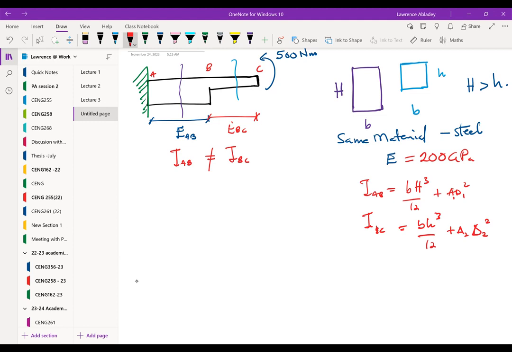Sometimes you come across situations like that where the cross sections vary. So if the cross sections vary, what will you do, as the engineer or the one analyzing the structure, to be able to come up with the right answer to solve the problem?